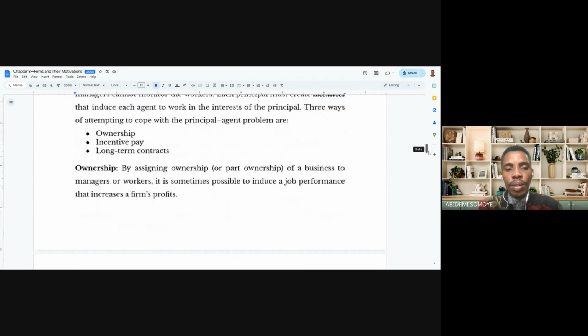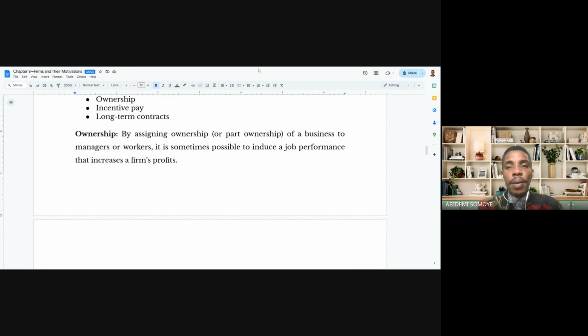Okay, so let's take a look at it. Ownership. By assigning ownership or part ownership of a business to managers or workers, it is sometimes possible to induce a job performance that increases a firm's profit.